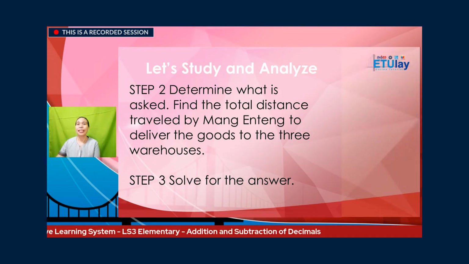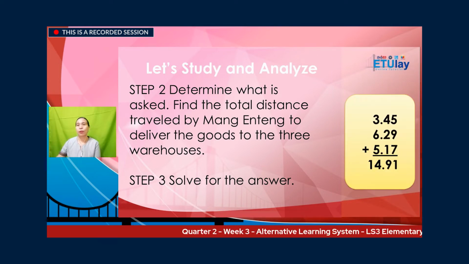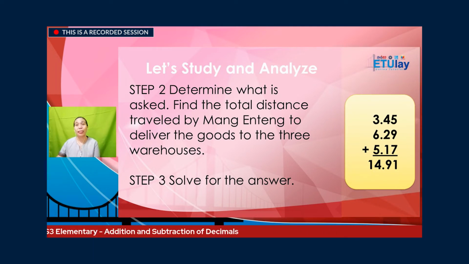Find the total distance traveled by Mang Inteng to deliver the goods to the 3 warehouses. And solve for the answer. So we have 3.45 plus 6.29 plus 5.17 is 14.91 kilometers.